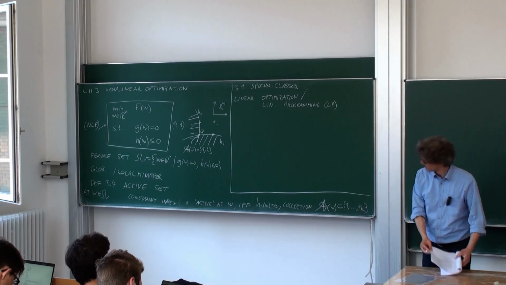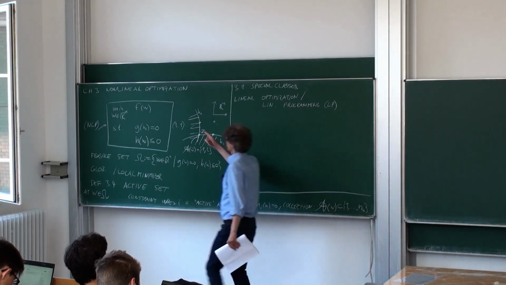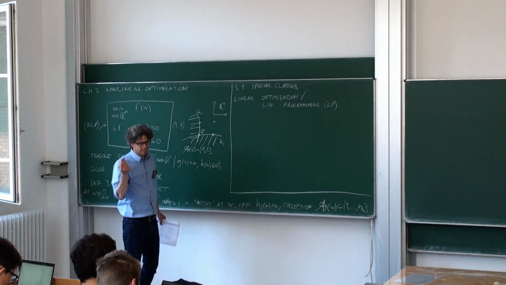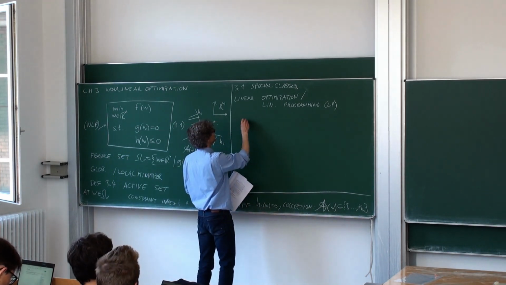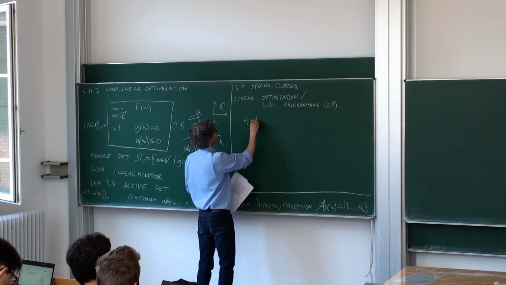But what is a linear optimization problem? It's just a problem where all these functions f, g, and h are affine, linear plus a constant term. So f, g, h are affine.